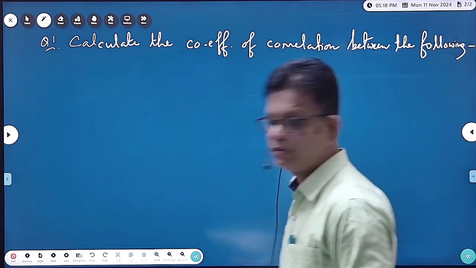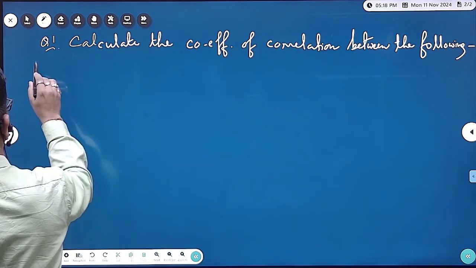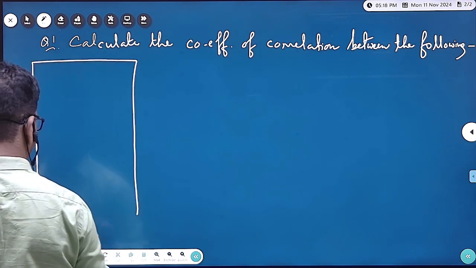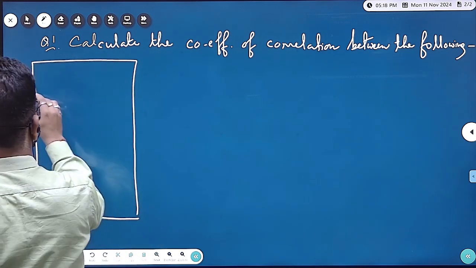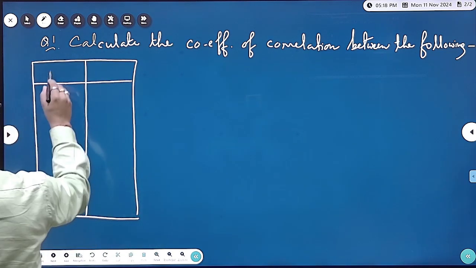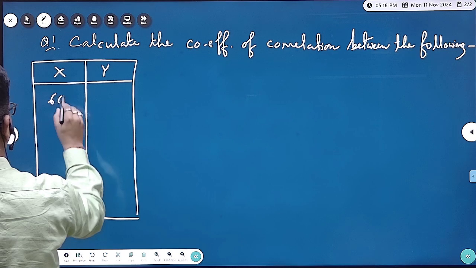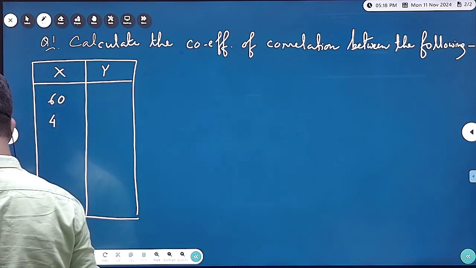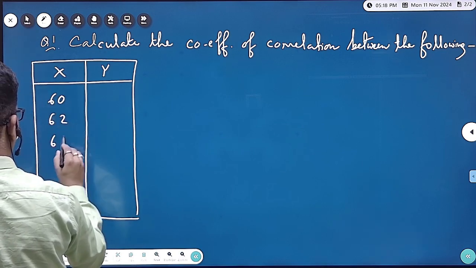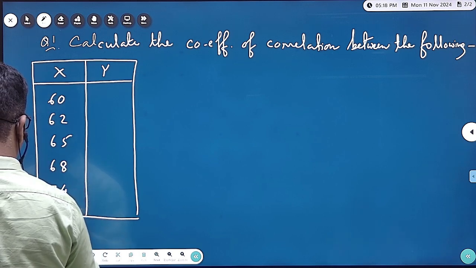I'm just writing two quantities, supposing quantity x and y. Suppose this is x and suppose this is y. x is 60, 62, 65, 68, 74 and 80.